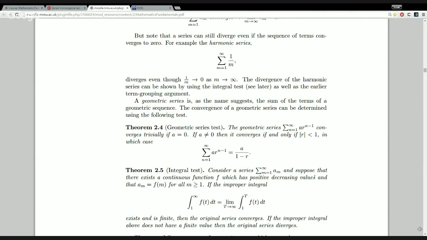It alternates between +1, -1, +1, -1, etc. So the series looks like a minus a plus a minus a plus a. You're adding a, subtracting a, adding a, subtracting a. Again, this is not really what we intend to study, but this is again a divergent series.